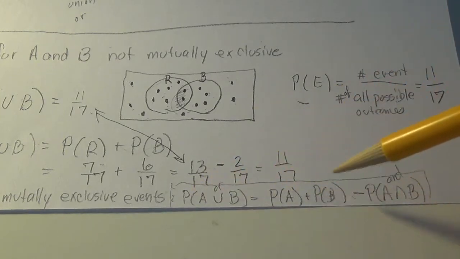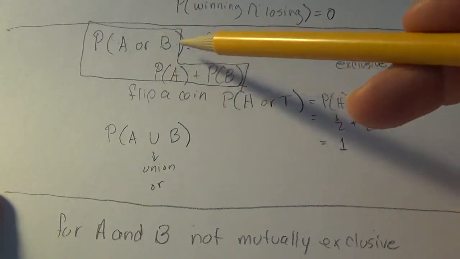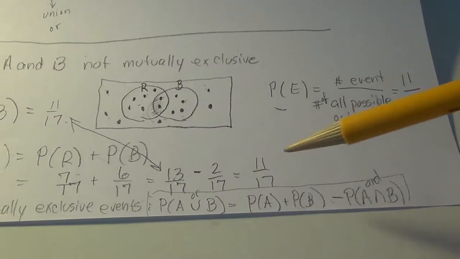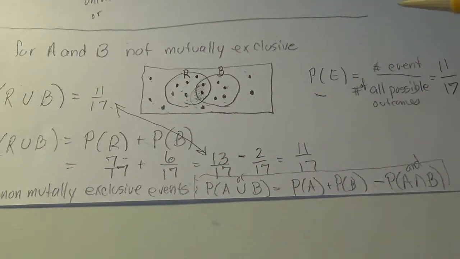So this formula will turn into this one when you use mutually exclusive events, because this part will be 0.